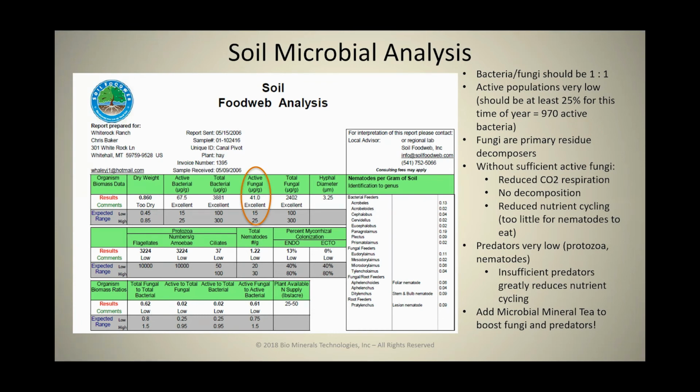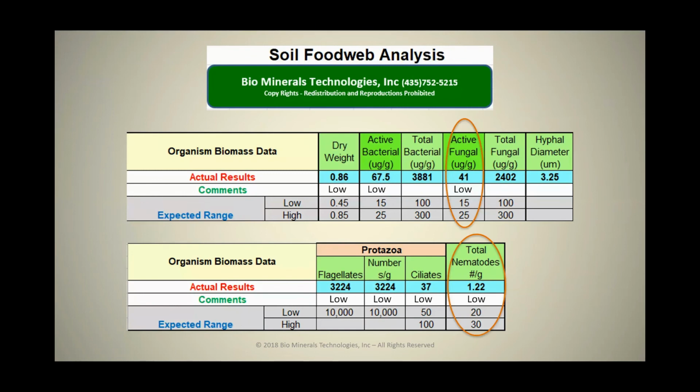We look down here at our protozoa groups, and we'll come back to this one because we'll check it, and then we have a nematode reading below. And so we have active fungi at 41. We have total nematode at 1.2.